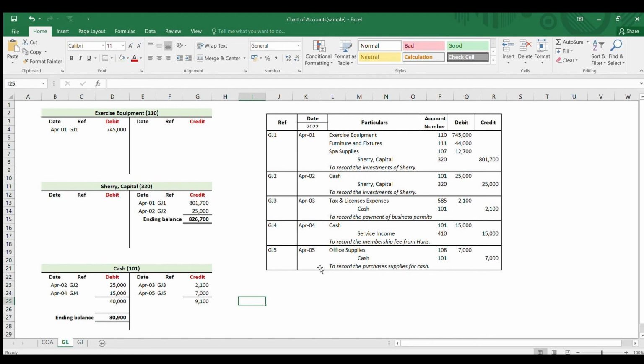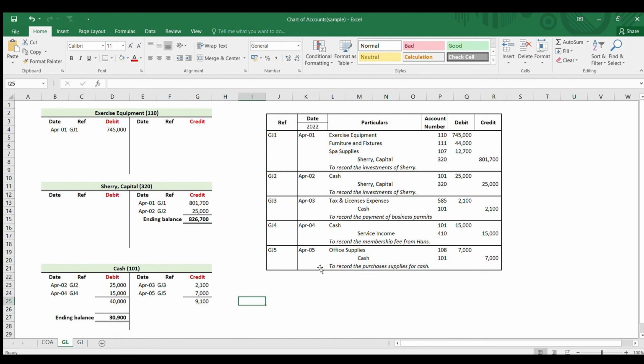In our previous example, Sherry Capital was credited in General Journal number 1 and number 2. There is a credit on April 1 amounting to 801,700, and another on April 2 which amounted to 25,000.